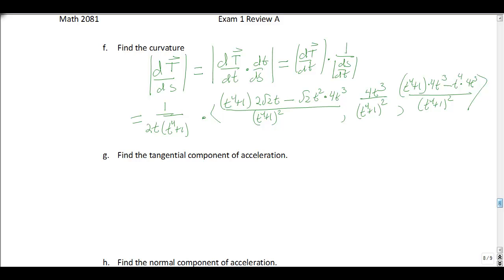So what I get here, let's go through this. I'm going to have to use the space here for the next question just to simplify this out a bit, so I'm just going to keep going. Let's forget about this for now. I get 1 over 2t times t to the 4th plus 1 times the vector. So you could distribute this through. You get t to the 5th times 2 square roots of 2.